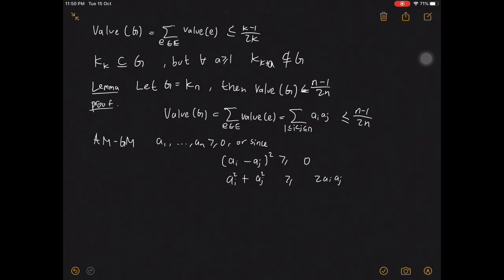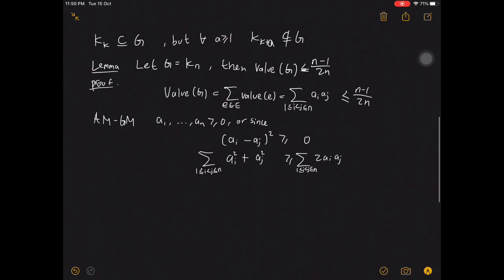We can also write this inequality as a summation over i less than j from 1 to n on both sides of the inequality. Therefore, we have this expression over here.